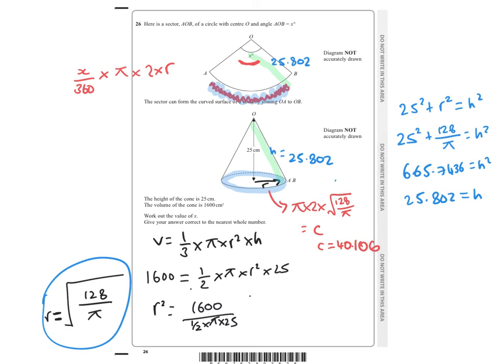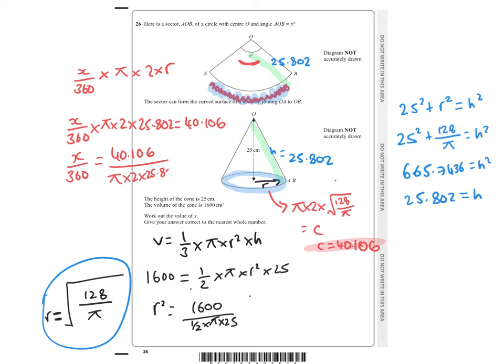Now what we know then is that x over 360 times pi times 2 times our radius, which is 25.802, equals this value here, which is 40.106. So I'm going to do x over 360 equals 40.106 divided by pi times 2 times 25.802. If you don't have the exact same figures, don't worry yet, because I've gone for exact.